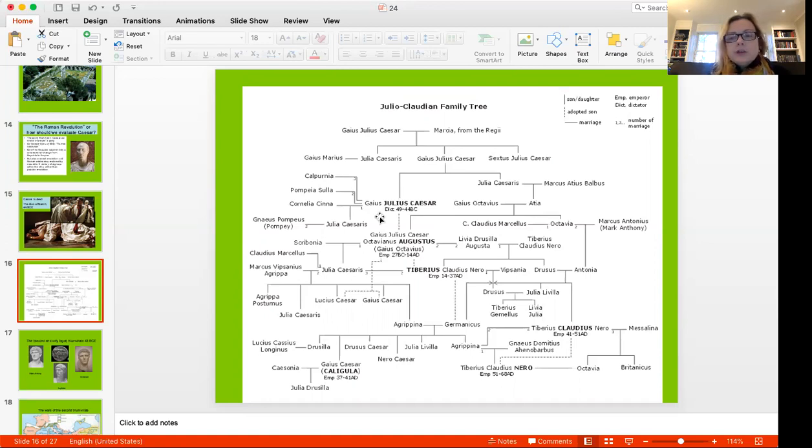To understand this chart, we also need to understand the lines that come out of the names of individuals. So straight lines usually imply horizontally a marriage. So for example, Julius Caesar, the famous one, had a number of wives: 1, Cornelia Cinna; 2, Pompeia Sulla; 3, Calpurnia.